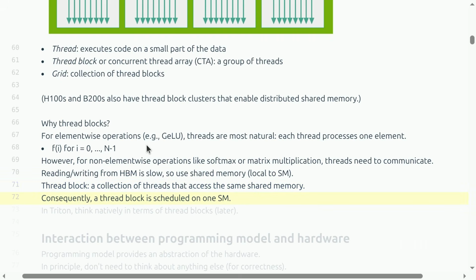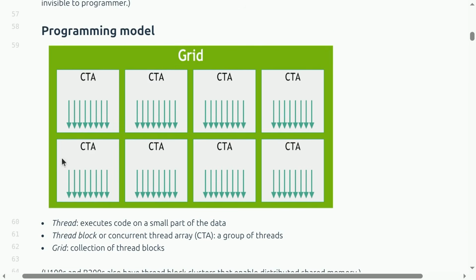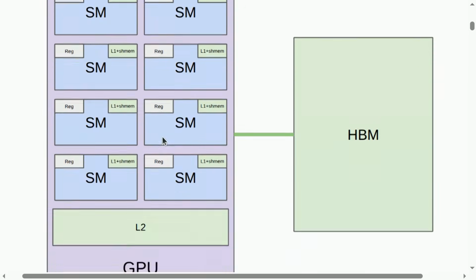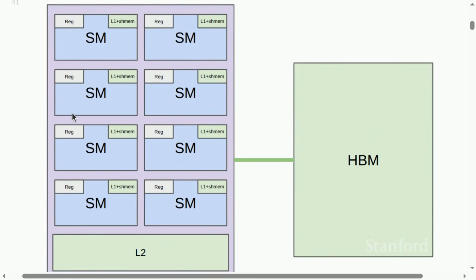One of these thread blocks is being scheduled on one of these streaming multiprocessors, and it does its thing. And what it's going to do is read a bunch of data from HBM and then process it, where the processing might involve communication between the threads via the shared memory, and then write it back out.